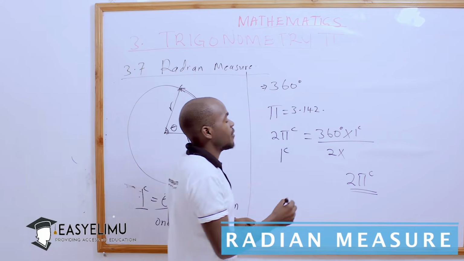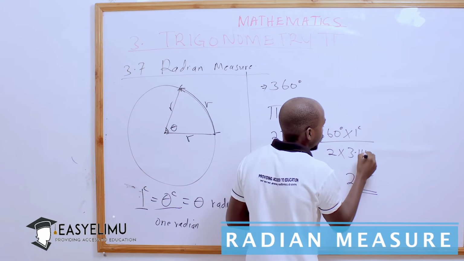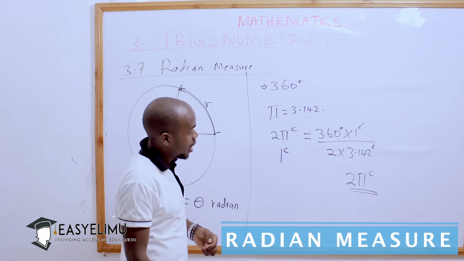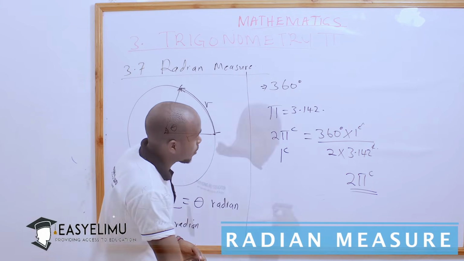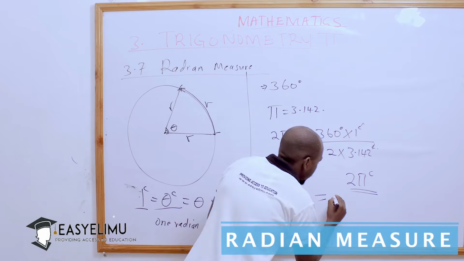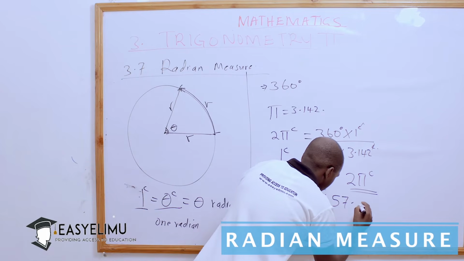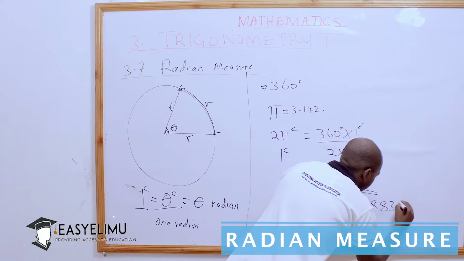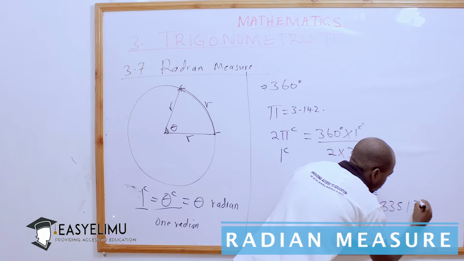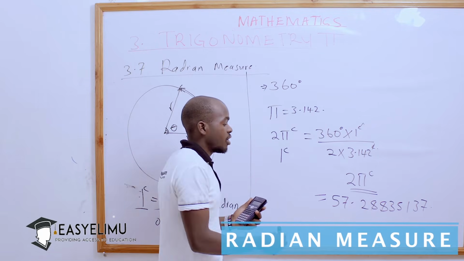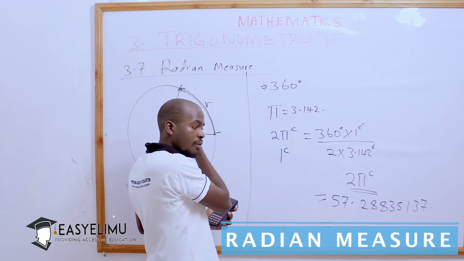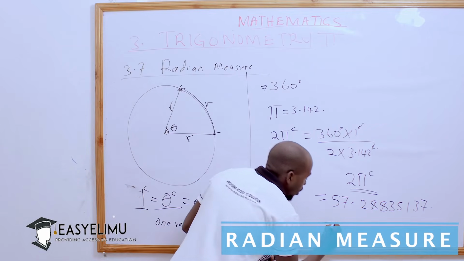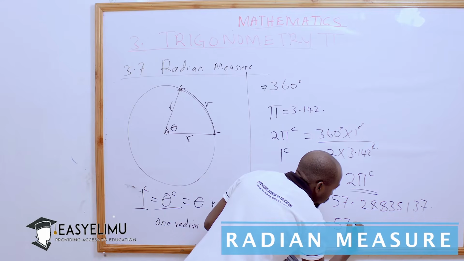But this pi we have said is to be 3.142, so we shall find radian and radian cancel out, and using a calculator we are getting 57.28835137.